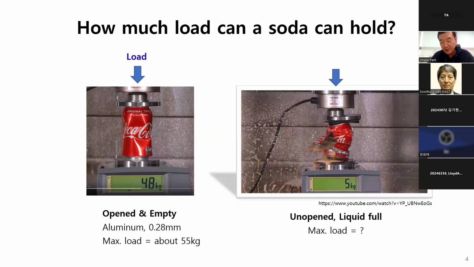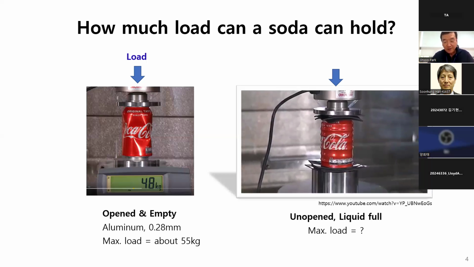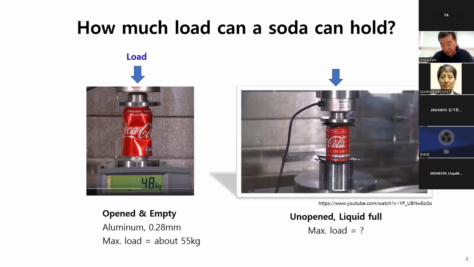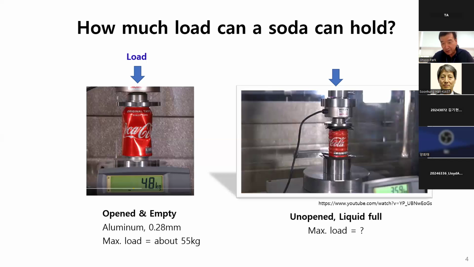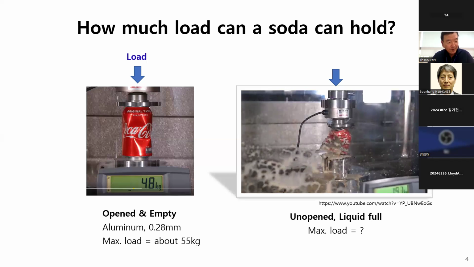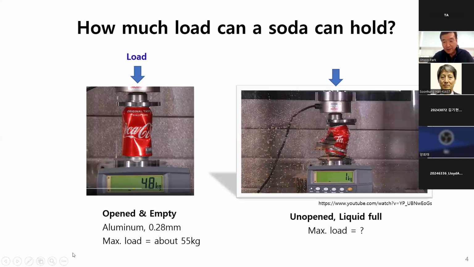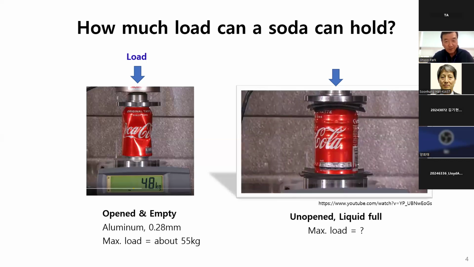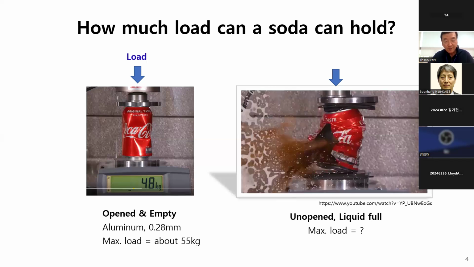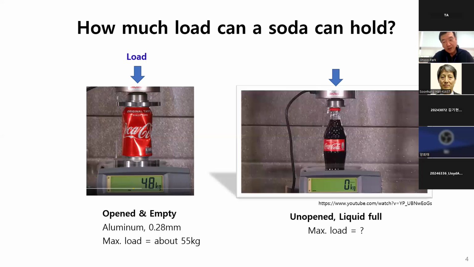Oh, yeah, it collapsed. Before it ruptures, deformation becomes very large. Oh, yeah. That was really nice. And let's see the result. 360 kilograms, so way more. Yeah, that was really nice. 360. And it failed like really slowly first before exploding. Yeah, it went up to 360 kilograms. Is about 7 times bigger, higher than empty one.